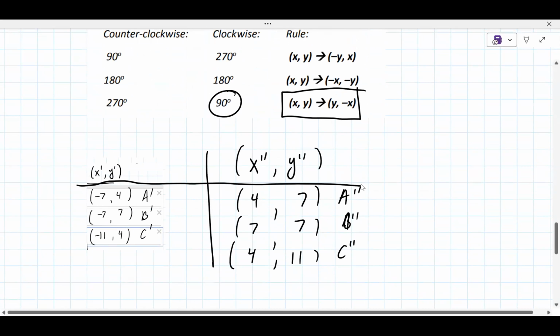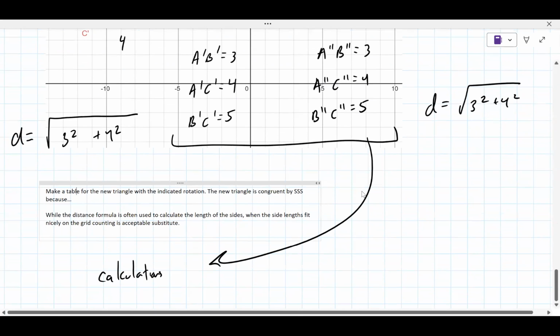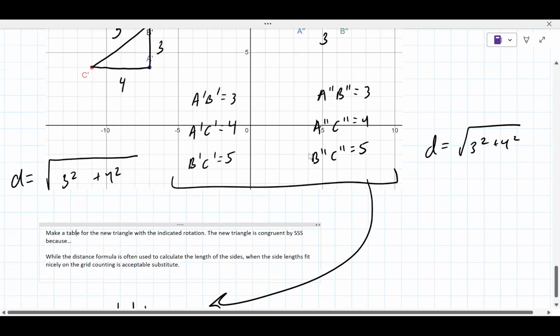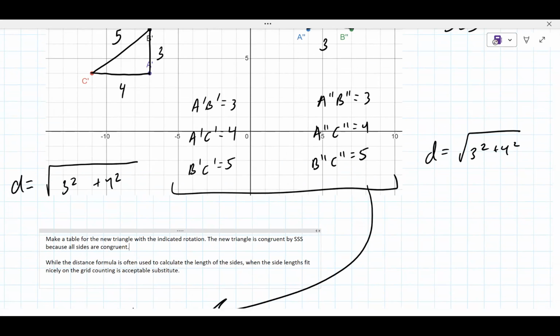Given the rotation, the new triangle is congruent by SSS because, and then should I put the calculations after? Well, you want to say just because all sides are congruent, and then you want to actually show that.